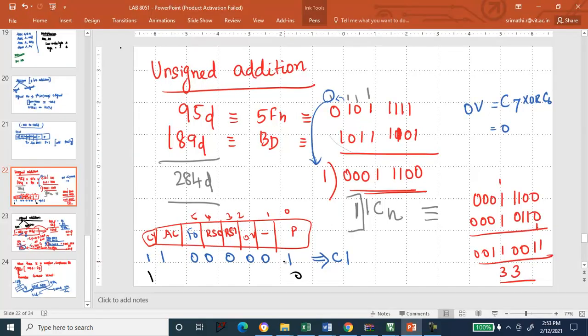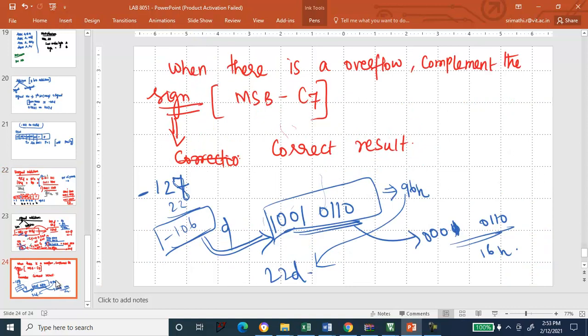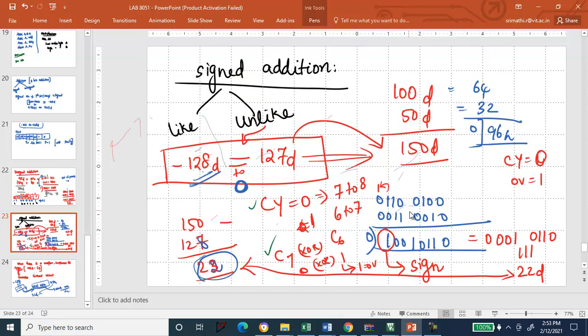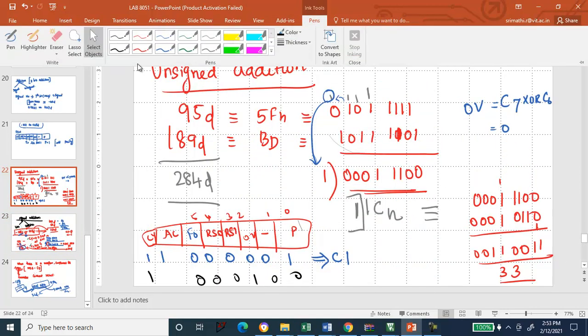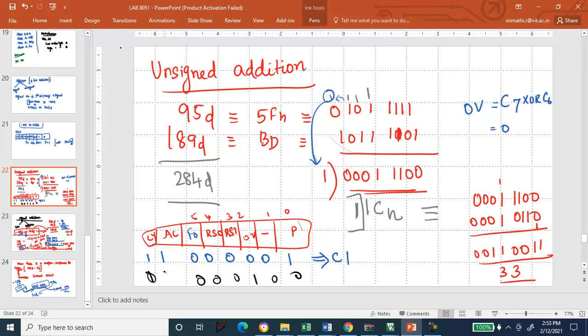There is no carry, and similarly, there is no auxiliary carry too. So this is 0000, 0100, which is 4. So your PSW is right according to the manipulation.